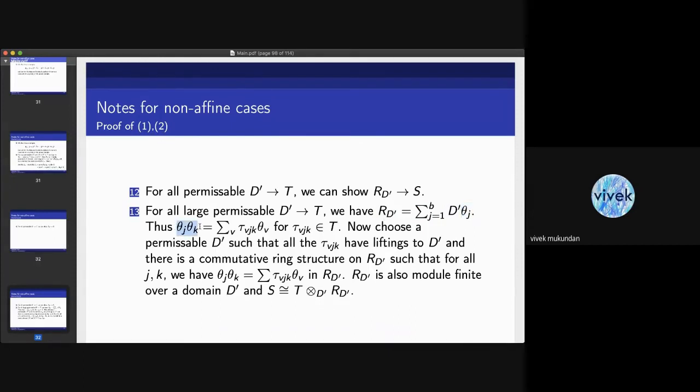Now you can multiply theta j times theta k in S for sure, because theta j and theta k are honest elements in S, which is a ring, so you can multiply them. If you multiply them, you get an element back in S, which is a finite module over T. So you can write it as a combination of theta v with some coefficients which appear in T.